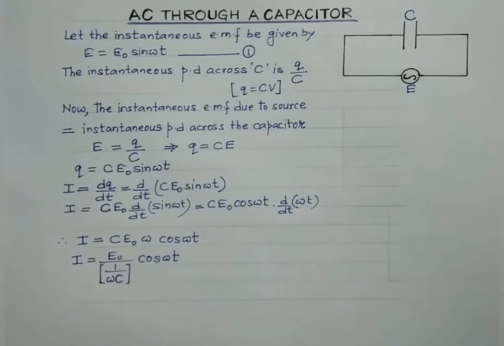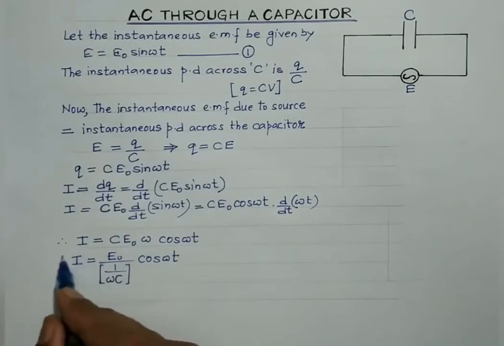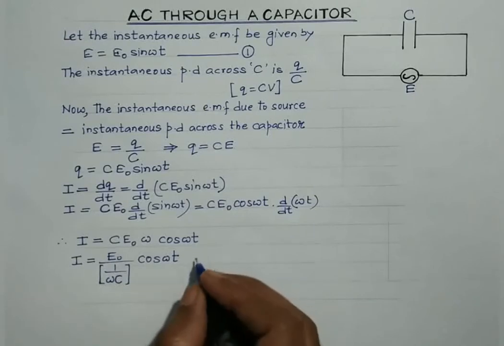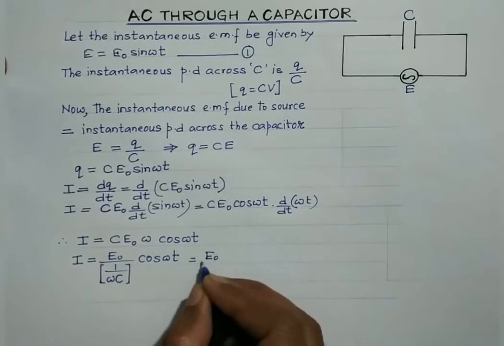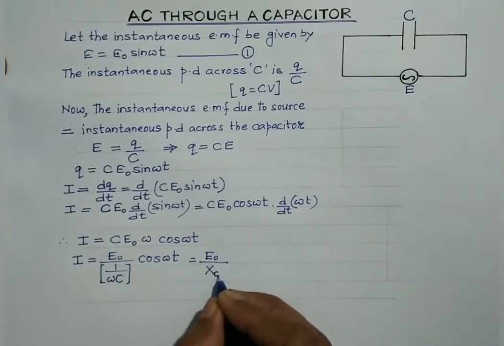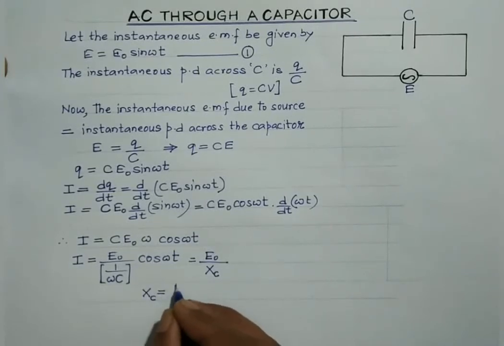So therefore, this term must have the same unit as that of current, which is ampere. And ampere is volt divided by resistance, isn't it? So it is actually E naught divided by XC. This is known as the capacitive reactance, and it is equal to 1 by omega C.